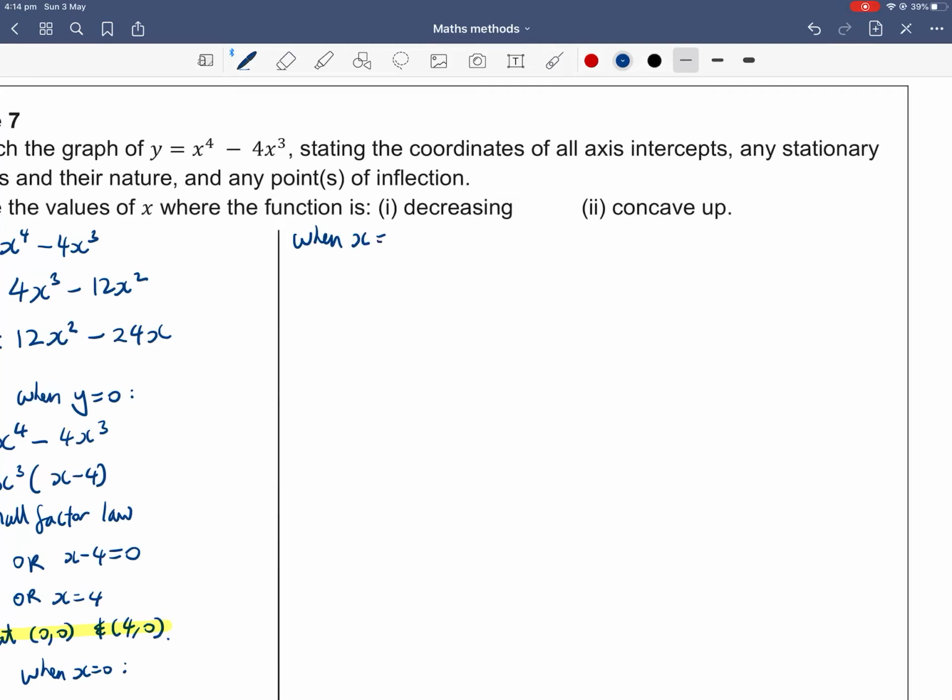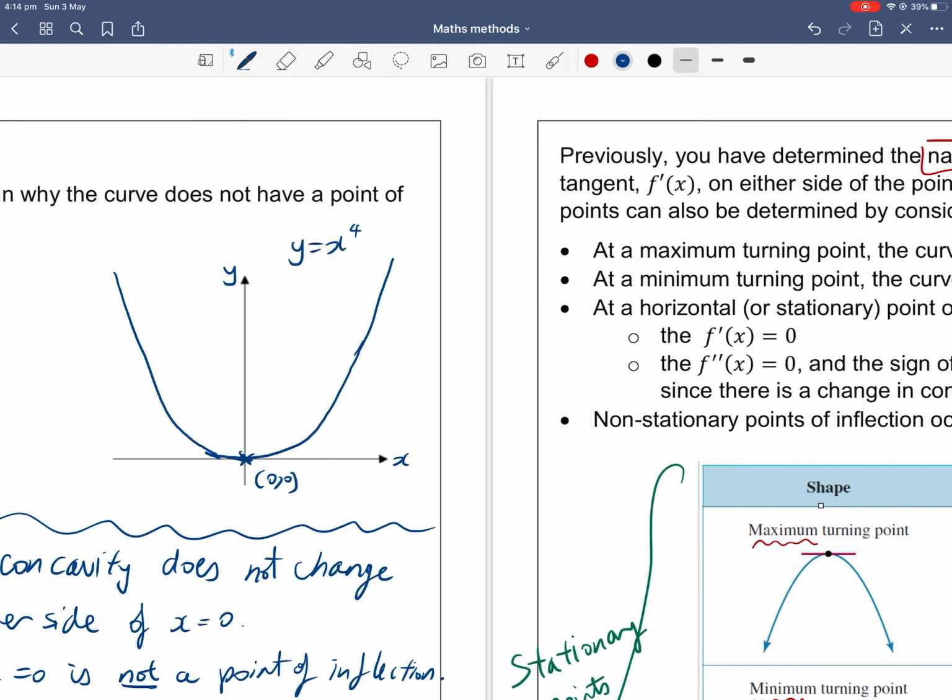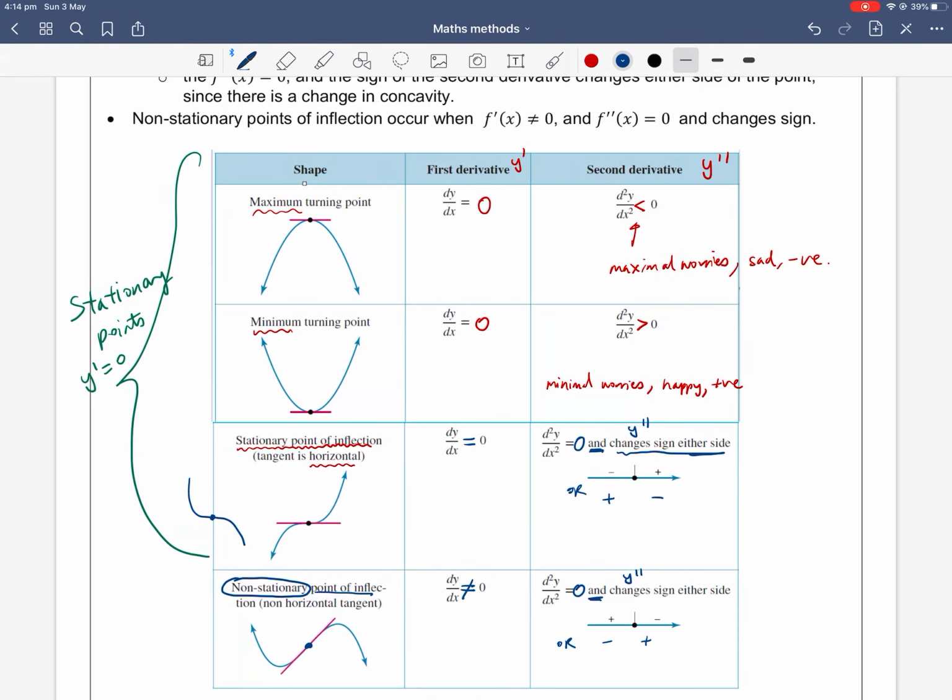So when x equals 3, checking the nature using the double derivative. So it was 12 times 3 squared minus 24 times 3, which gives us 36. And 36 is positive. So back to the table.